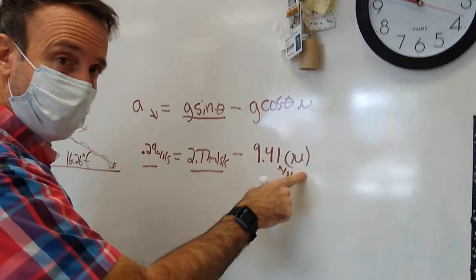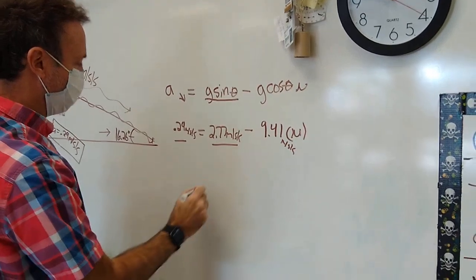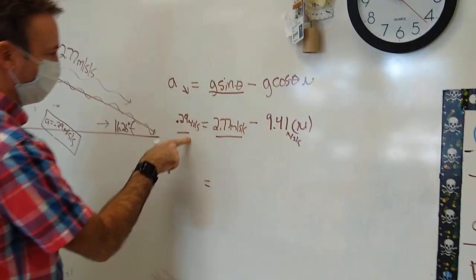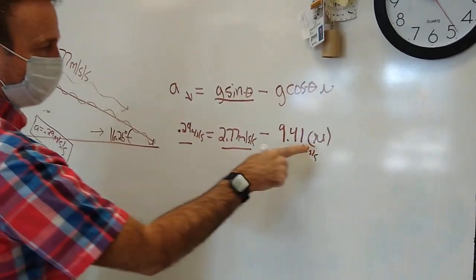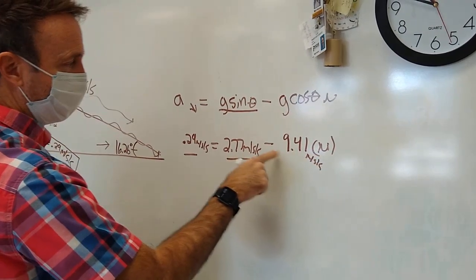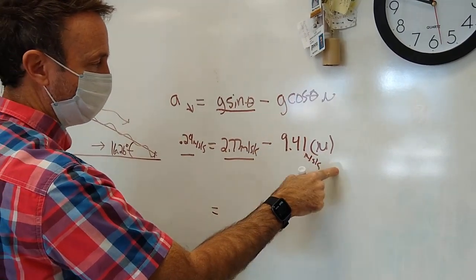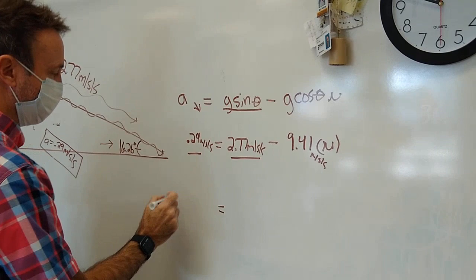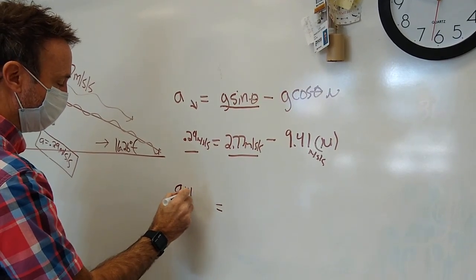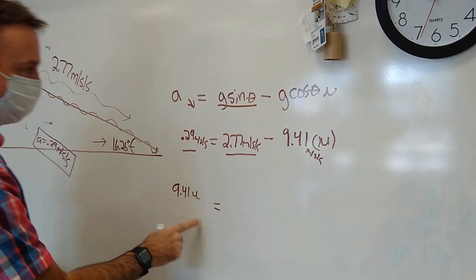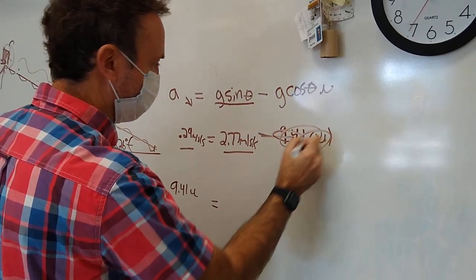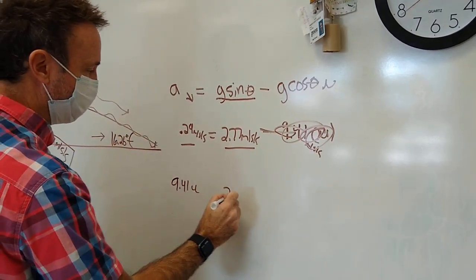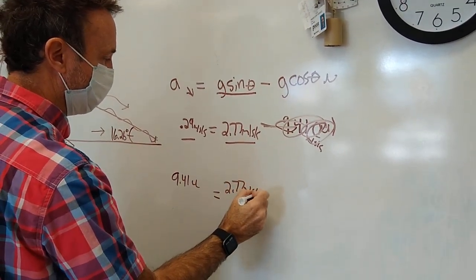I've already asked you what this was. This is how we would do it. We've got to solve for this mu over here. This says minus 9.41 mu, so I'm going to put it over here as 9.41 mu. That's 8th grade algebra 1, okay? Now we have 2.77 meters per second squared here.